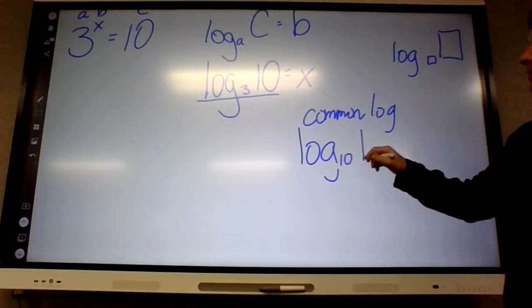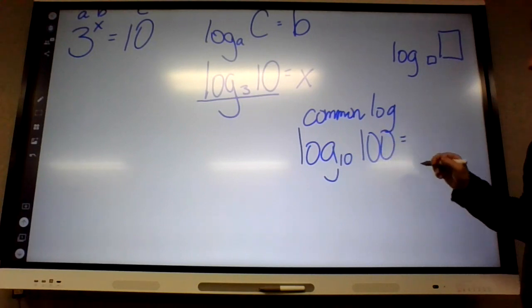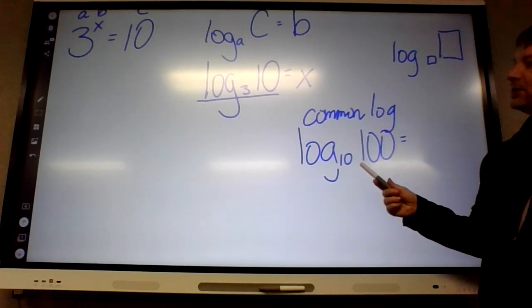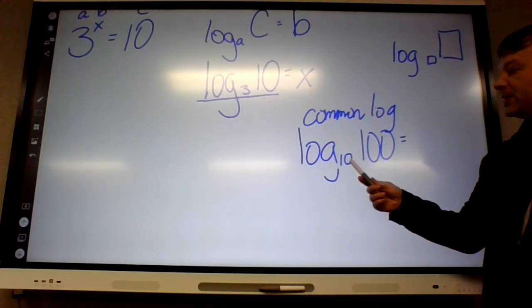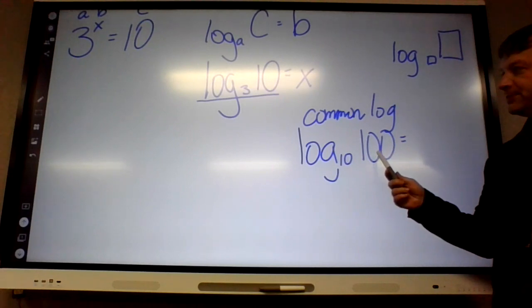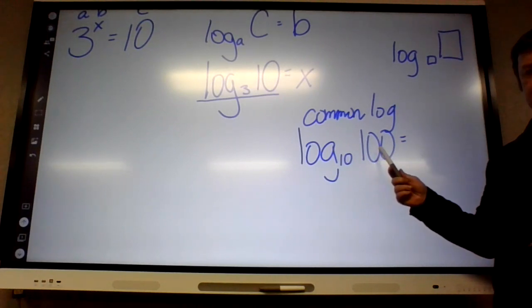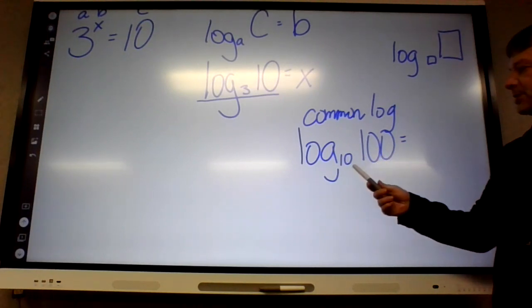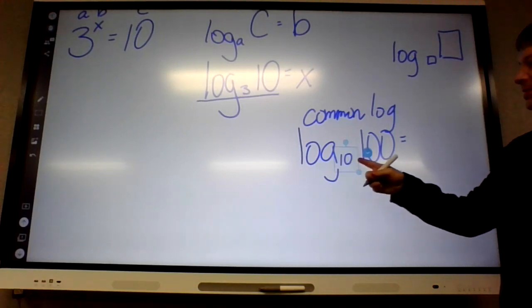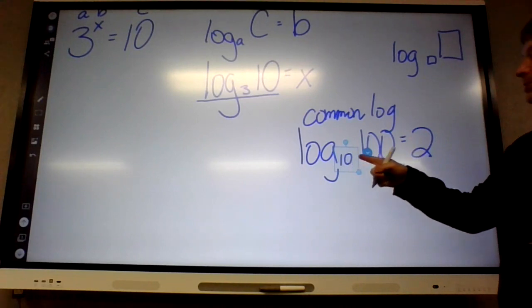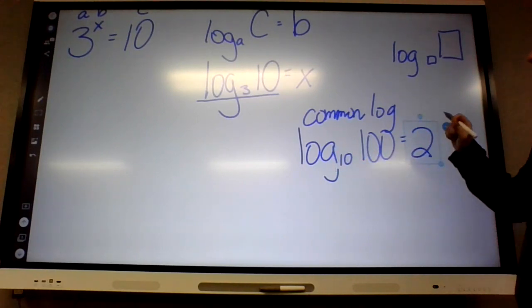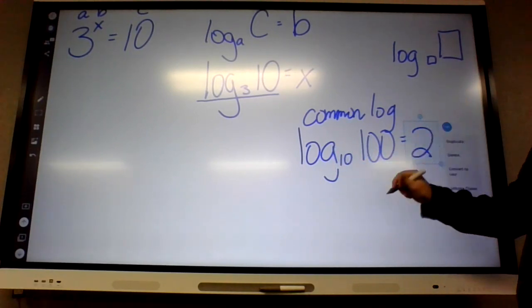I feel like I'm doing this in the wrong order. This would be like 10 to the what equals 100. You guys know that? 10 to the second, 10 times 10, is 100. Okay. Does that make sense?